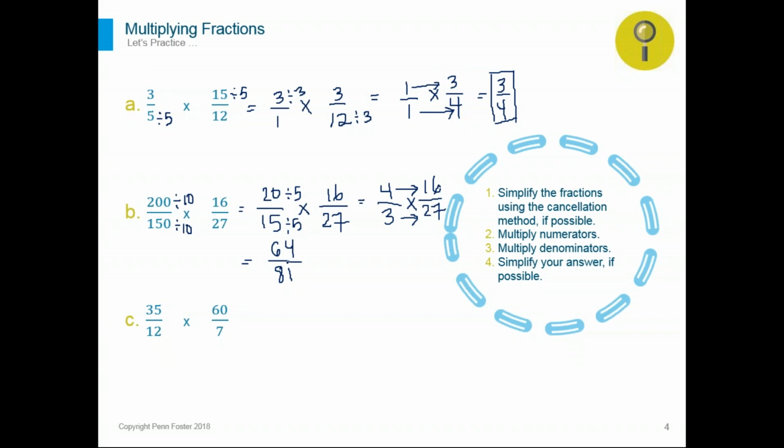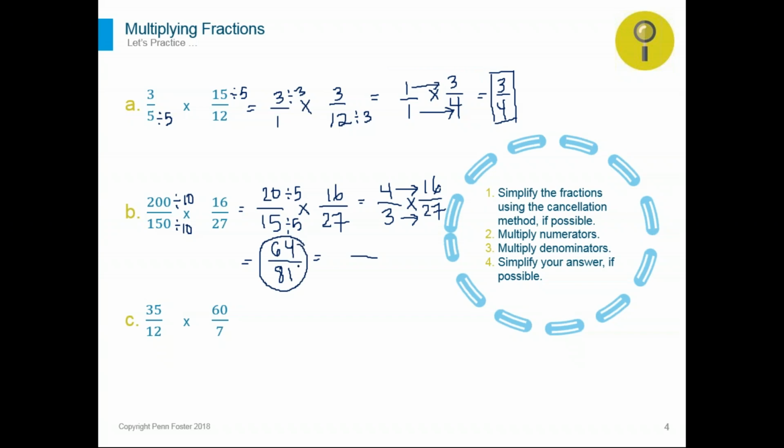But is this answer in simplest form? If you remember from the last webinar and the first webinar in this series, an improper fraction will make our answer not in simplest form. We have to put our improper fraction in mixed number form. So if you remember, we asked the question, how many times 81 will go into 64? So 64 and 81, that is a proper fraction. My bad. So this is in simplest form.